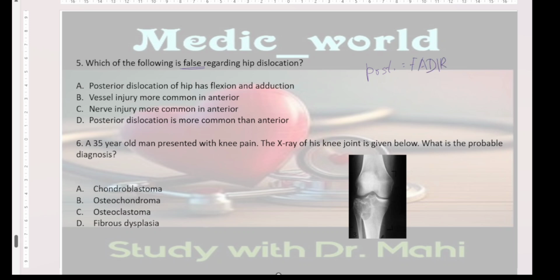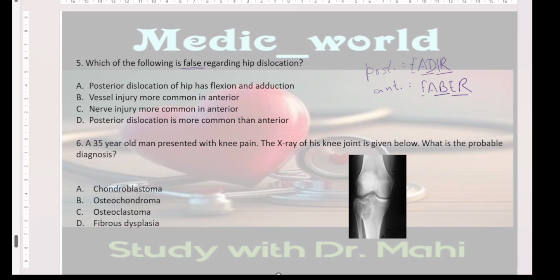Okay, that is flexion, adduction, and internal rotation. And in anterior dislocation, we have FABER, that is flexion, abduction, and external rotation. Now, the first is the correct statement because posterior dislocation has flexion and adduction.